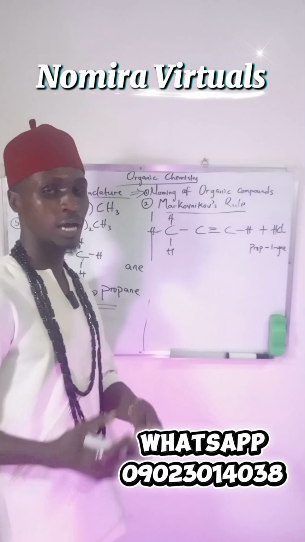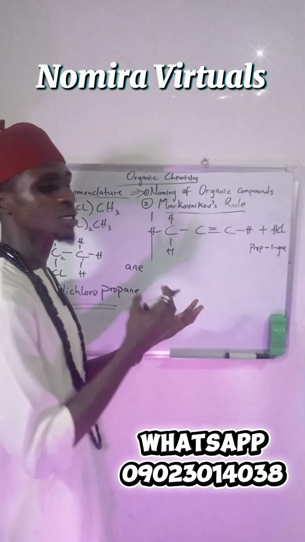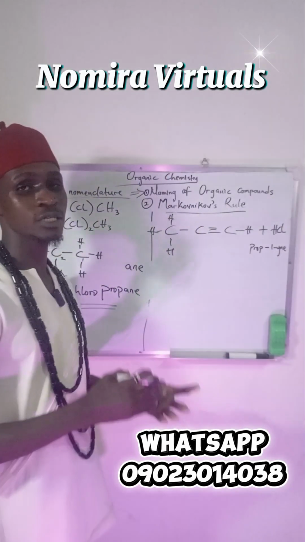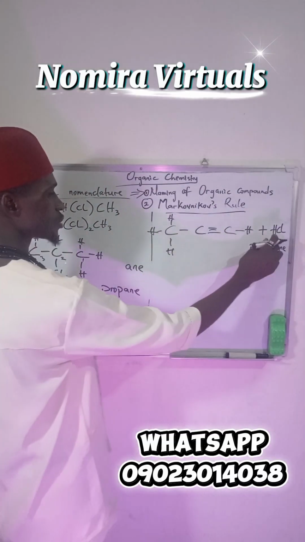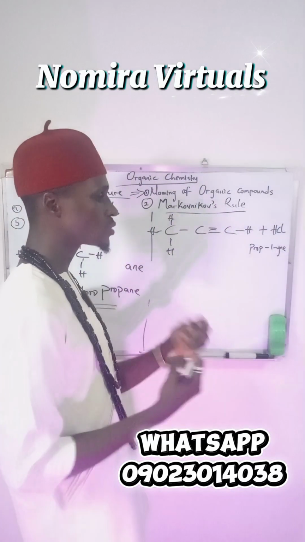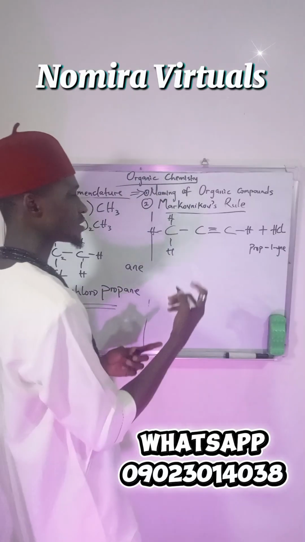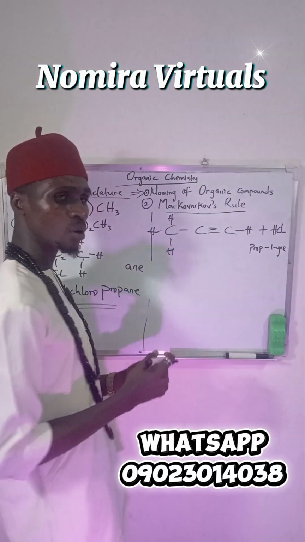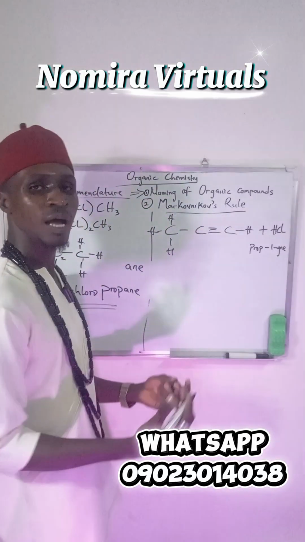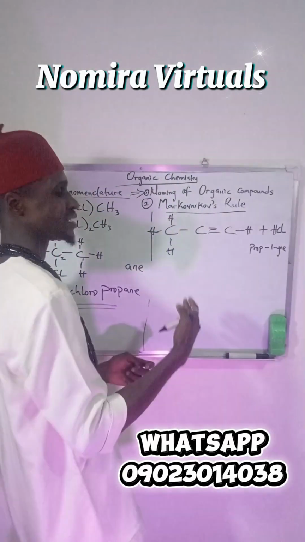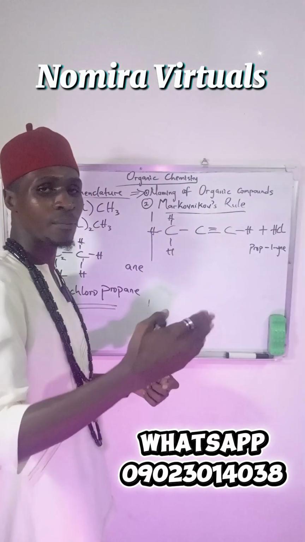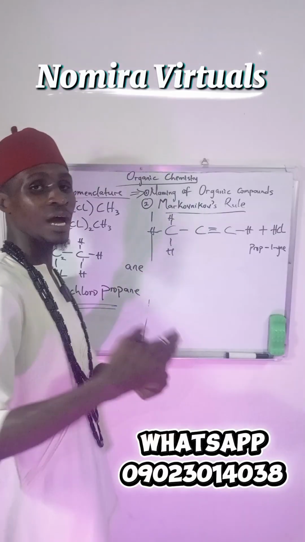Or any of the hydrogen halides. It could be hydrogen bromide, it could be hydrogen iodide, right? So when this reaction happens, it happens in two stages. The first stage is going to break one pi bond to form an alkene. Then the last stage will break the remaining pi bond to form an alkane.